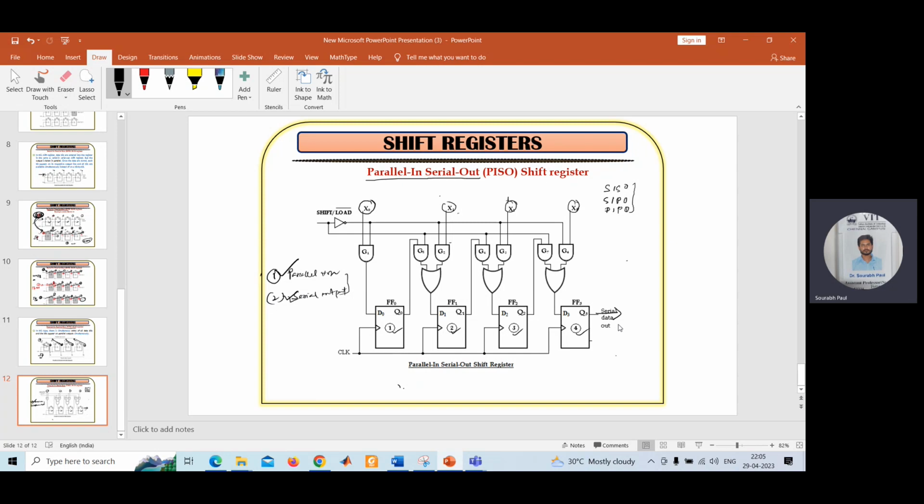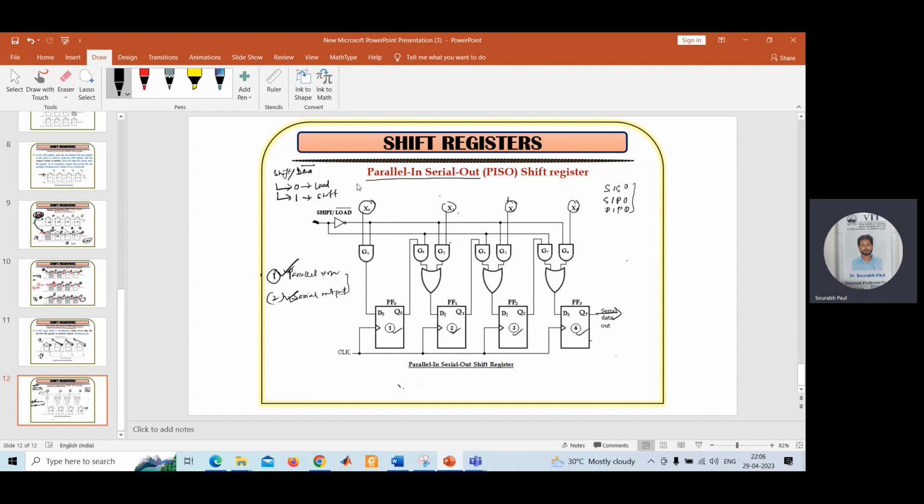In order to do this work, you are given a common input terminal, that is shift/load bar. You need to use this input. If you give this input as 0, it will do the load operation, and if you give this input as 1, it will do the shift operation.